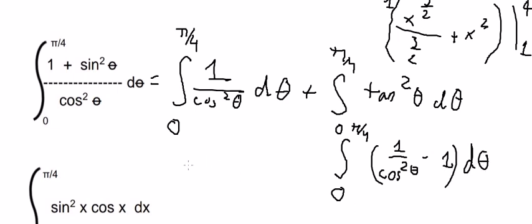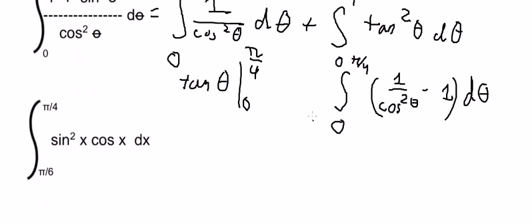So this one you get tan theta, and we have from 0 to pi over 4, and the second one you will get tan theta minus theta, and we put the bounds in here from 0 to pi over 4.